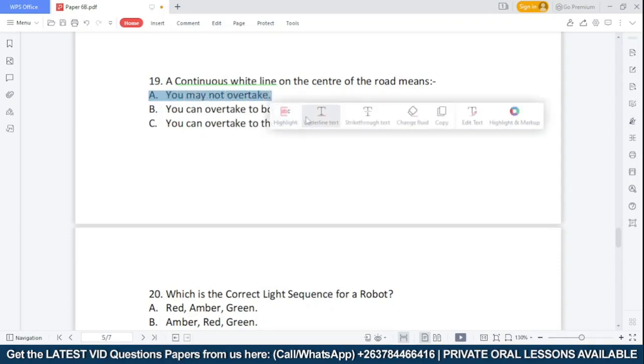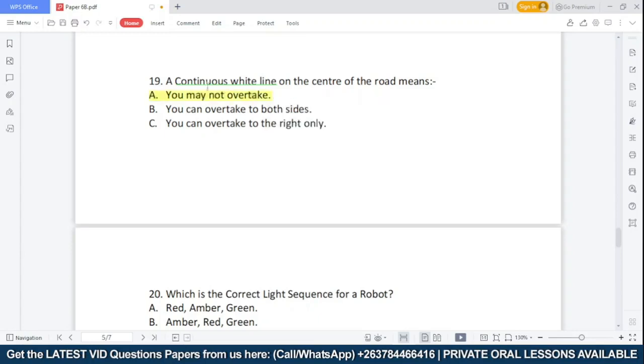Also something that you need to pay close attention to is a continuous white line with a broken white line on the side. It may be to your side or it may be on the other side. It just depends on the question. You also need to know what it means when you have a continuous white line and a broken yellow line to your side, or the broken yellow line is on the other side.